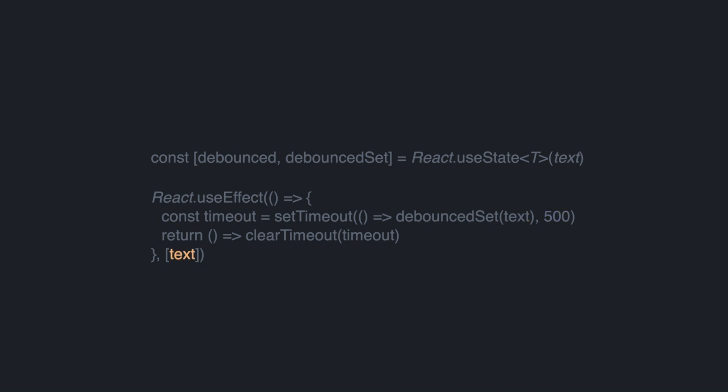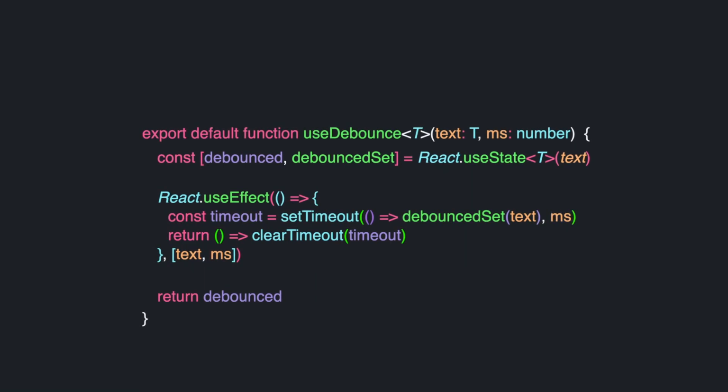As long as text keeps changing before 500 milliseconds has passed, the value of debounce will not update. Only when the set time has passed will debounce update to the new text value. Let's turn this logic into a custom hook so we can reuse it throughout our React application.